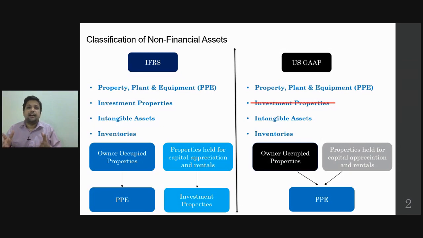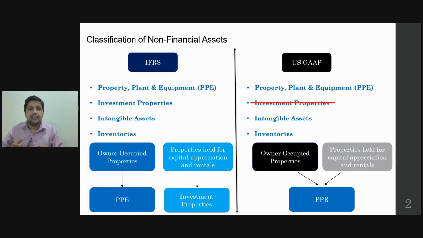Owner-occupied properties are classified in line with IAS 16 as property, plant, and equipment. On the other hand, properties held by an entity for long-term capital appreciation or held exclusively to generate rental income are classified as investment properties in line with IAS 40.